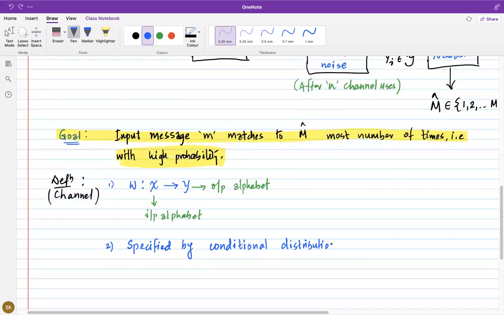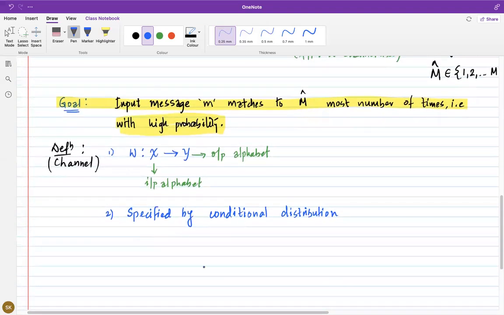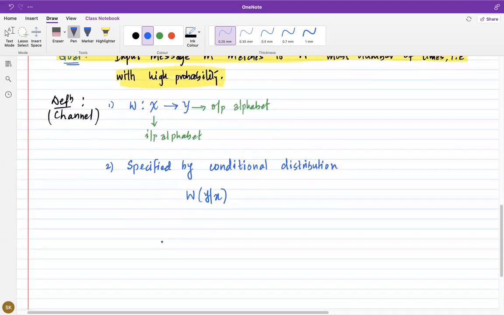Okay. In particular, we denote this as W. So, for example, for an input xt, the subscript t denotes that in time instant t, let's say your input was xt.